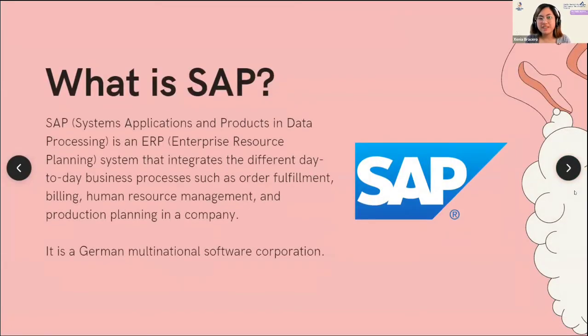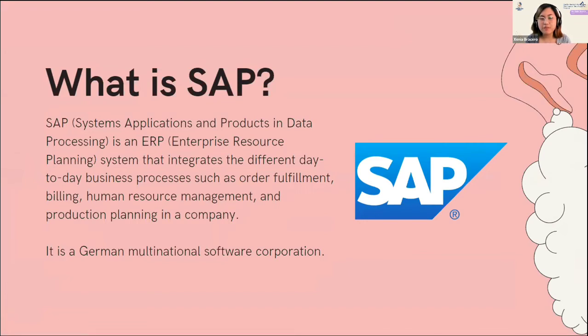Okay, so the question is this: what is SAP? This is not a widely used application, I guess, that is taught in schools. But just to give you a gist of what SAP is, SAP stands for Systems, Applications and Products in Data Processing, and it is an ERP system.